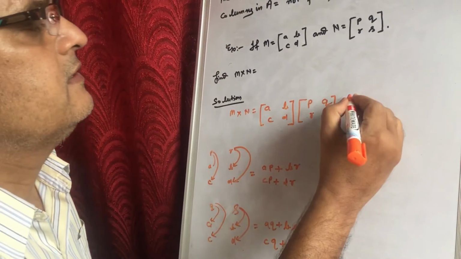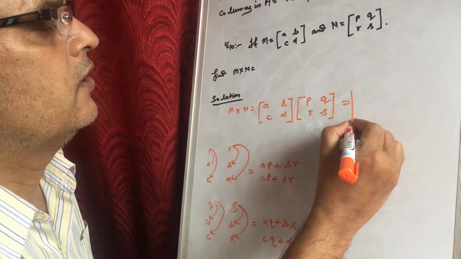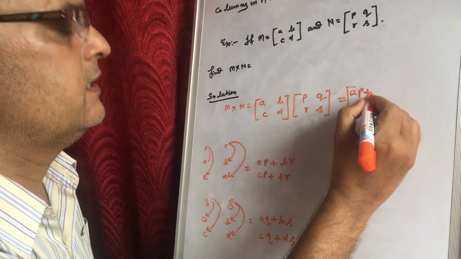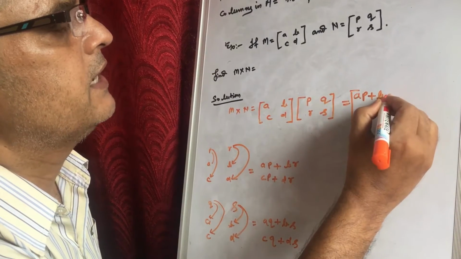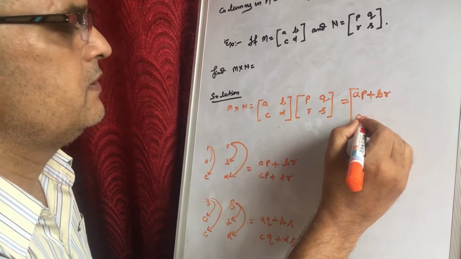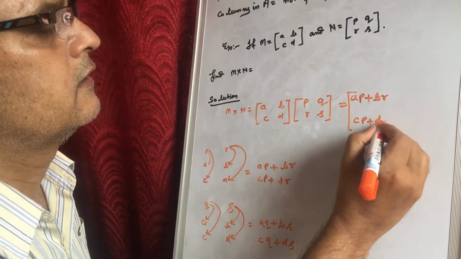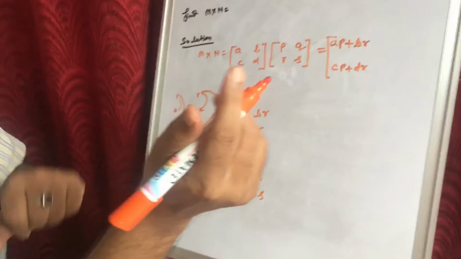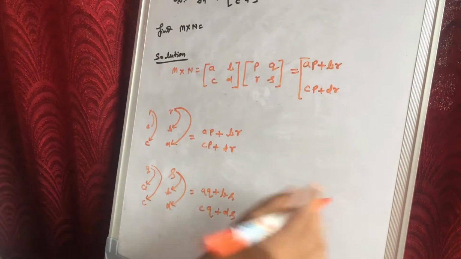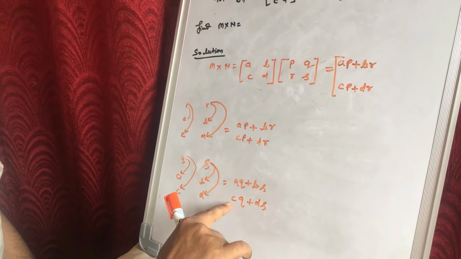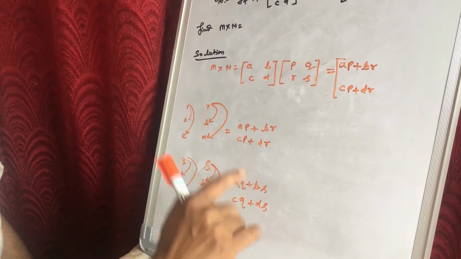Then I have to write it like this. This is to be written as the first column: AP plus BR, CP plus DR will be the first column. And AQ plus BS, CQ plus DS will be the second column.